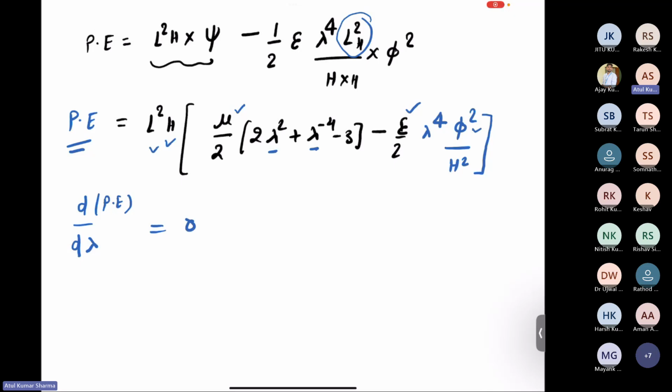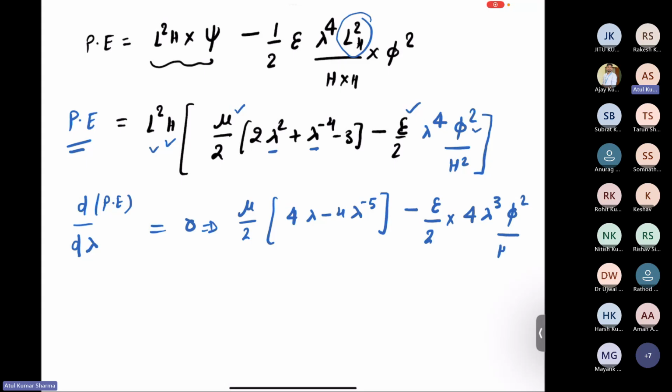If you take the first derivative, that will be mu upon 2, which is a constant, into 4 lambda minus 4 lambda to the power minus 5, and the derivative of 3 will be 0, and minus epsilon upon 2 into 4 lambda cube phi square upon h square.